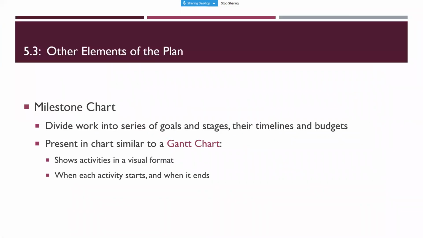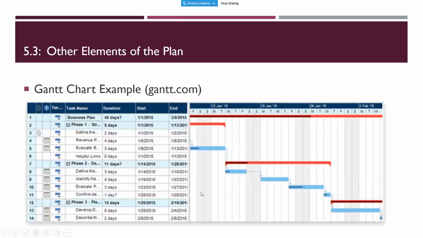Some of the other elements you might want to put into a plan might include a milestone chart. There wasn't a good one, wasn't even one given in the book whatsoever. But they said you could present that chart in a manner similar to what's called a Gantt chart. And a Google search of a Gantt chart gave this.